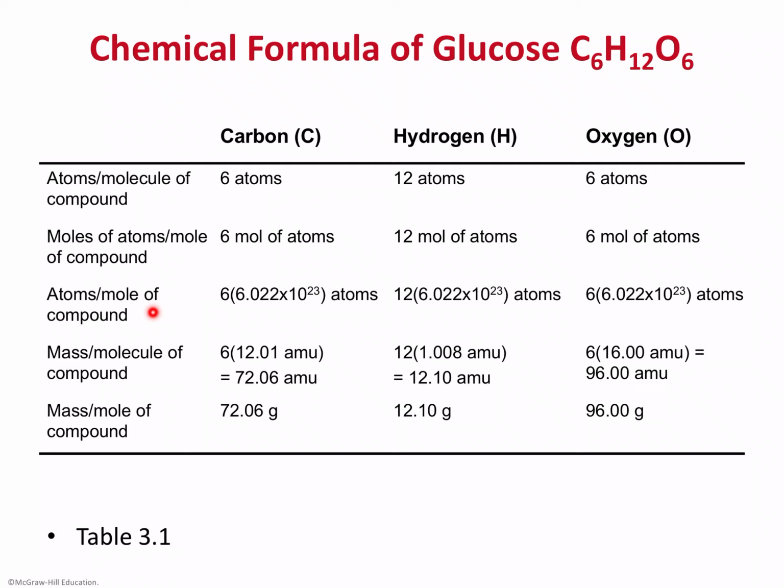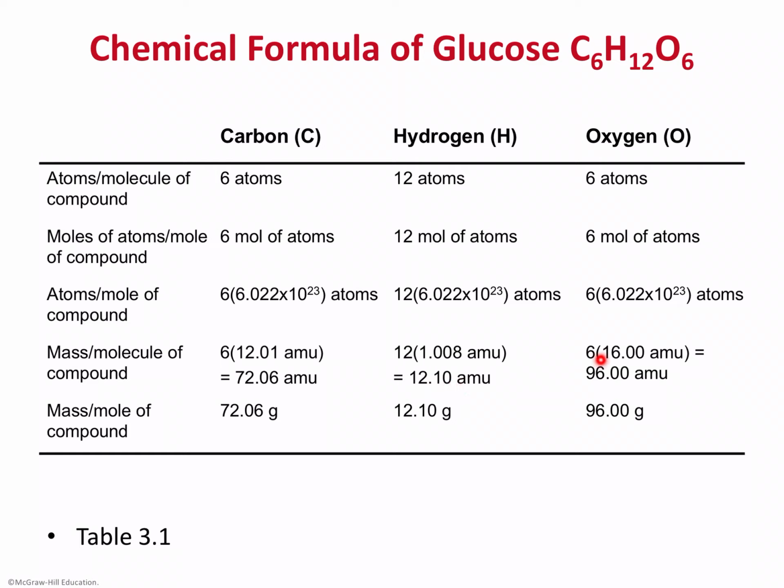Okay. And then if you want to find the mass per molecule of a compound, there are 6 carbons, so 6 times 12, because each carbon is 12. So 12 times 6, there are 72 grams of carbon. And 12 times the molar mass of hydrogen, 12.10 atomic mass units of hydrogen per molecule of the compound.